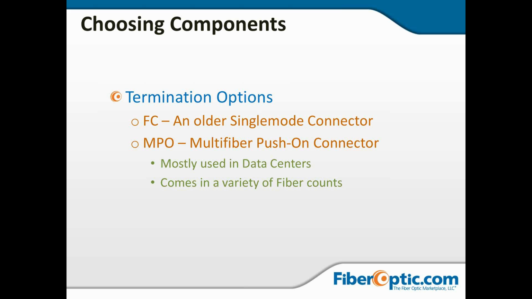And then you've got the MPO, or multi-fiber push-on. This can have everything from 2 to 12 fibers all terminated into one block. It's used mostly in data centers and will allow you to plug in.